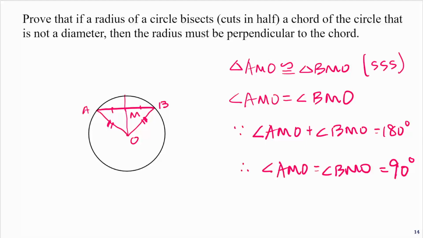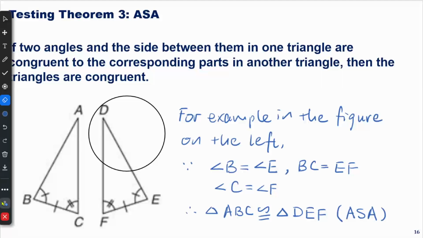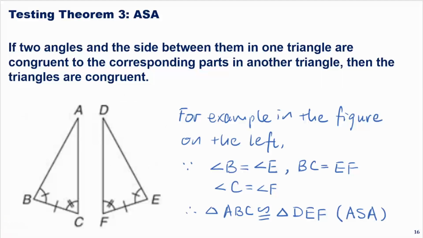Good, if no questions, let's have a look at the third testing theorem we can use. The third testing theorem states that if two angles and the side between them in one triangle are congruent to the corresponding parts in another triangle, then the triangles are congruent.